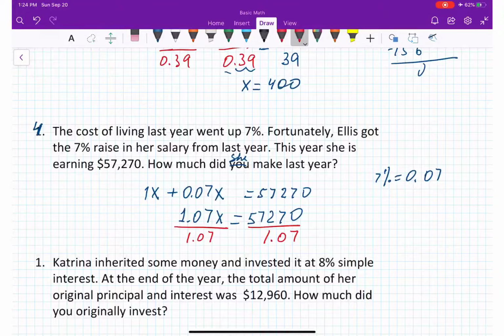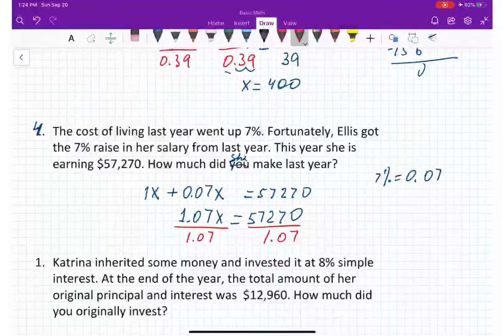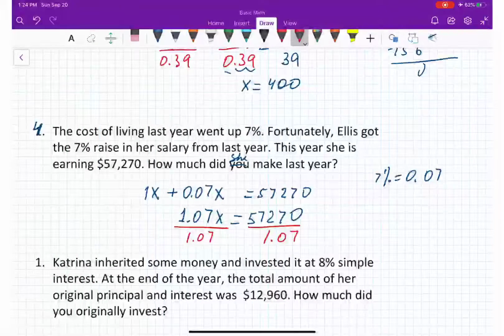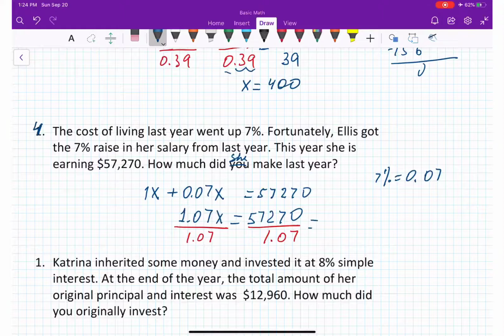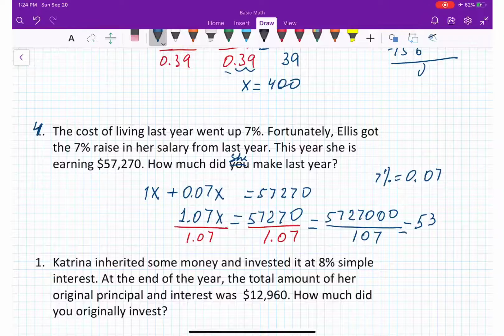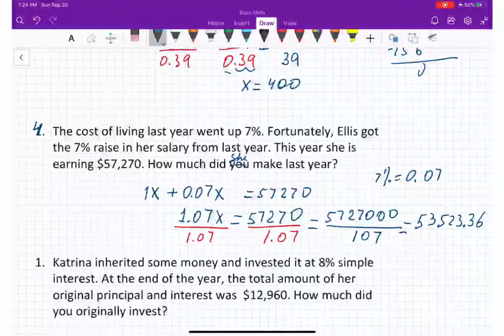If you do it by hand, you understand that 1.07 you have to convert into a whole number, which is multiplied by 100. 57,270 also multiplied by 100, which you will get here 5727000, 2 zeros, and here 107, and the result is going to be 53,523.36.